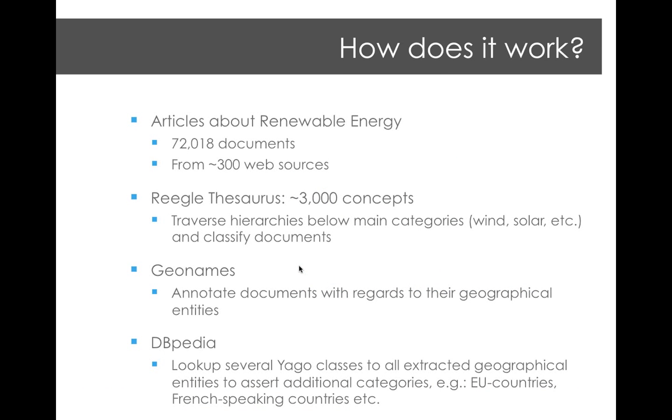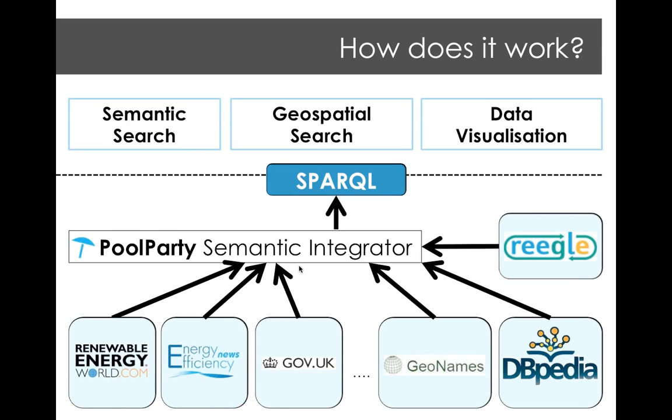So first, we can drill down to certain areas. So for instance, we have Arabic-speaking countries, the European Union, English-speaking countries, and so on. And that's derived from the YAGO categorization of each country. So let's assume you're interested in Nordic countries.